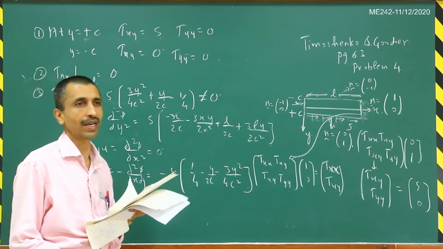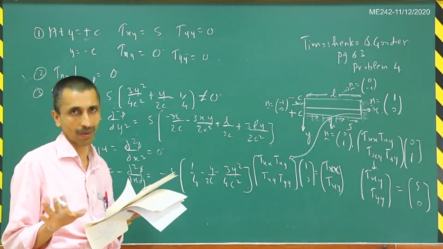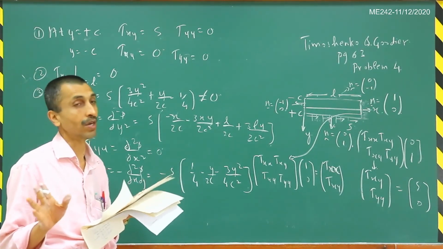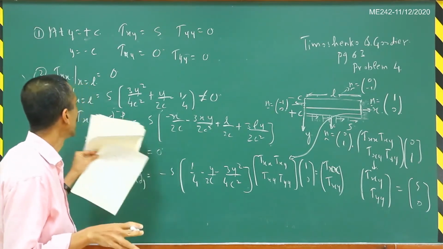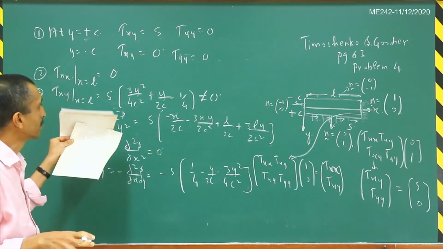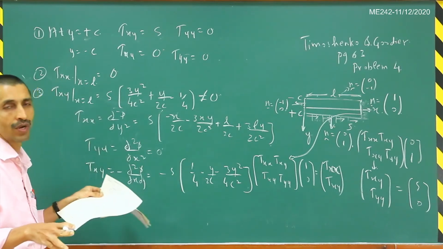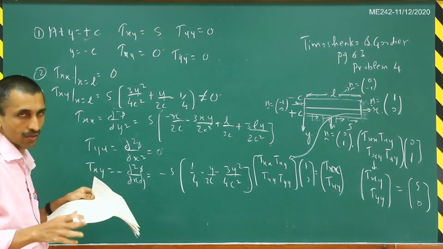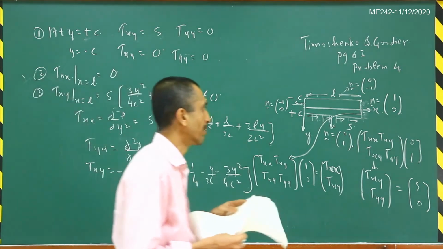This proposed Airy stress function satisfies most of the boundary conditions, but not all of them. It violates this one. So essentially, this proposed Airy stress function is not an exact solution for this particular problem.